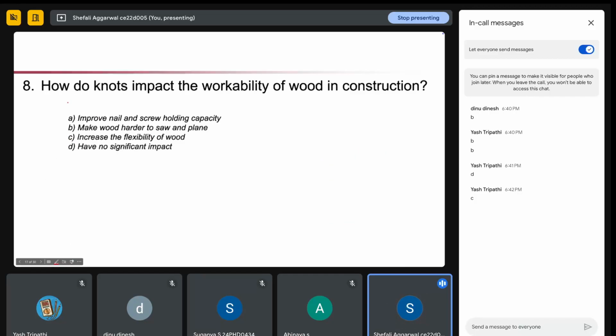Okay. How do knots impact the workability of wood in construction? It improves the nail and screw holding capacity. It makes the wood harder to saw and plane, increases the flexibility of wood, or has no significant impact. Any guess?